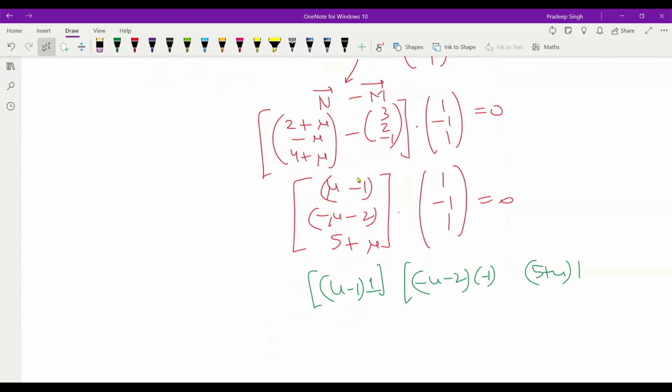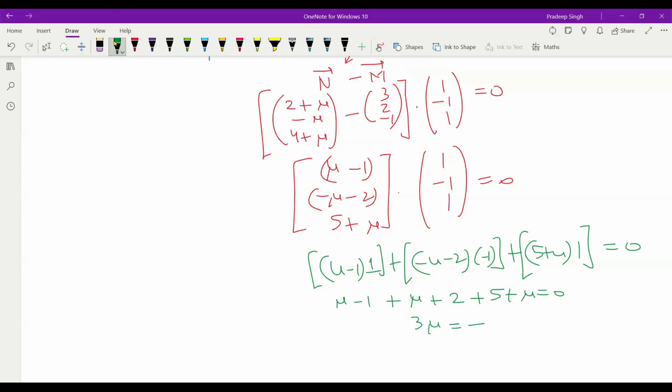Let me write everything in brackets so that there is no confusion, and we put all of this equal to 0. So we'll get mu minus 1 plus mu plus 2 plus 5 plus mu equals 0. If we simplify this, we will get 3 mu equals minus 6. This implies mu is equal to negative 2.